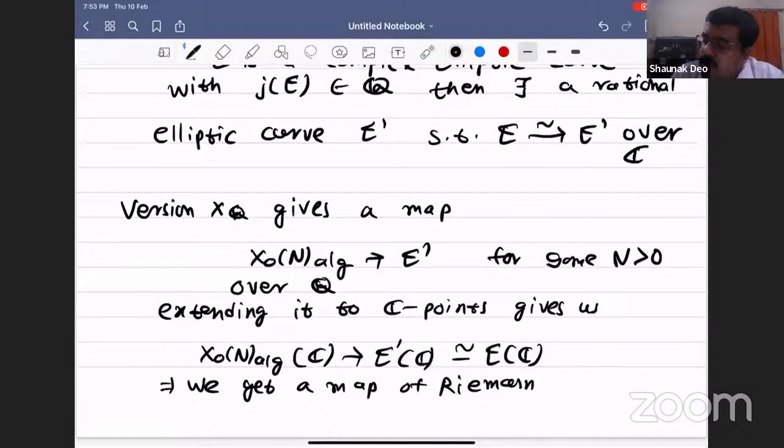Some more justification is, I think, required here, but unfortunately, I'm out of time, so I'm going to skip it. But we get a map of Riemann surfaces because we have a map on complex points, which is coming from Q.